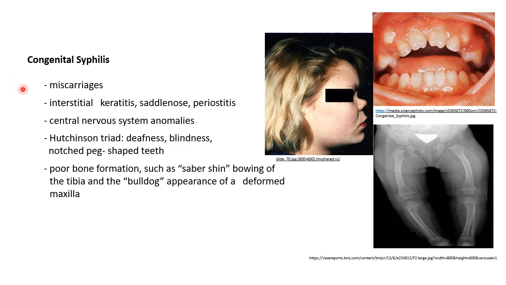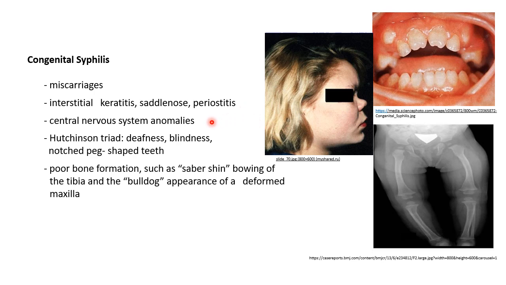The organism can pass through the placenta and cause congenital syphilis. This may result in miscarriages, and the following are the different manifestations of congenital syphilis. These would include interstitial keratitis, saddle nose that we see here, periostitis or inflammation of the periosteum covering the bones.